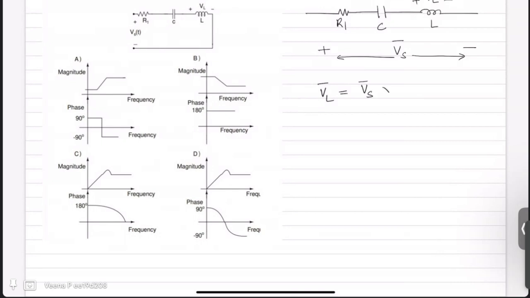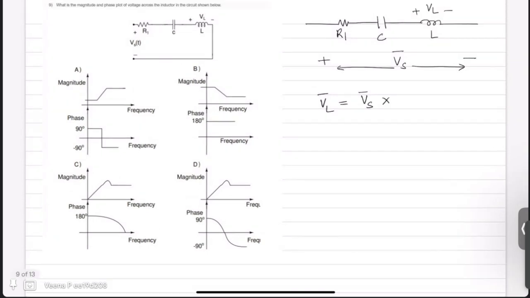So which is Vs times the impedance across L, which is ZL, divided by the equivalent impedance.